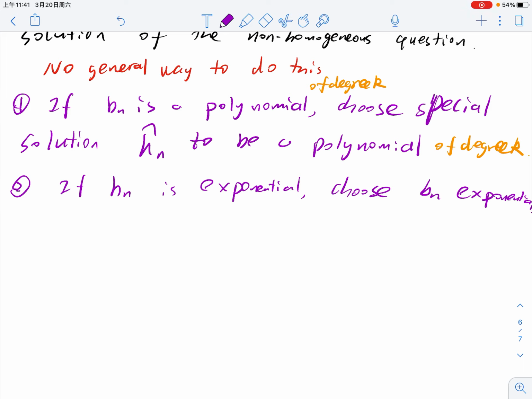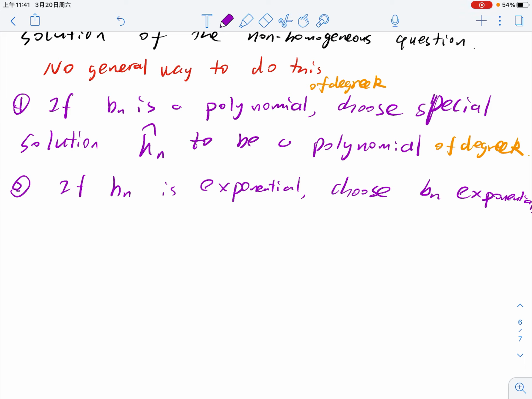And probably from these two, you might guess a useful idea that whenever you see the constant part, the non-homogeneous part Bn has some form, and you guess your special solution also has that form with different coefficient. And after plugging in and solving it, you can accommodate your coefficient to figure out a solution.